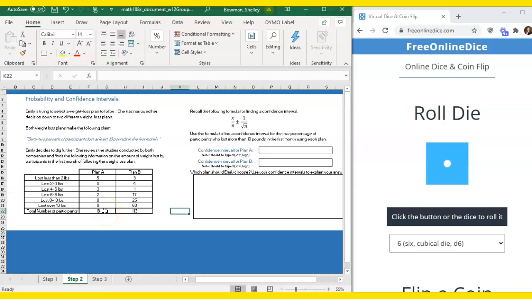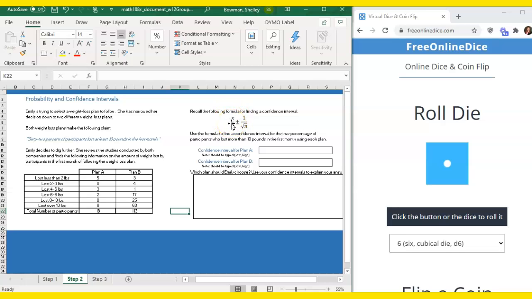Here's our formula: x over n plus and then minus, for our two ends of the interval, 1 over the square root of n. This will be used in step 3 as well. X is the number that we're looking at. N is the total number in the group, the sample size, and this n is the same n here.